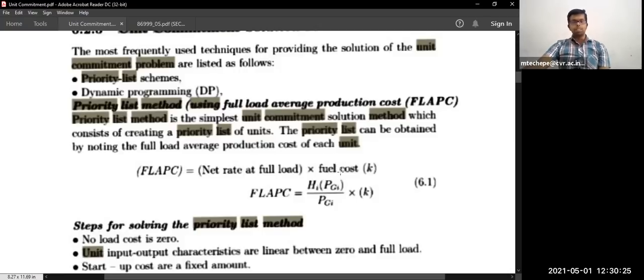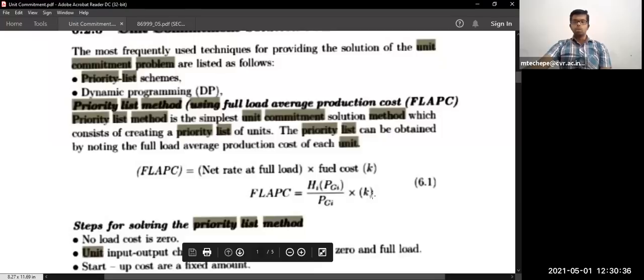In some notations it is given as small k for fuel cost. That is your own choice. Whichever is easy for you, you can go for that notation: rupee symbol, dollar symbol, or the small k notation.